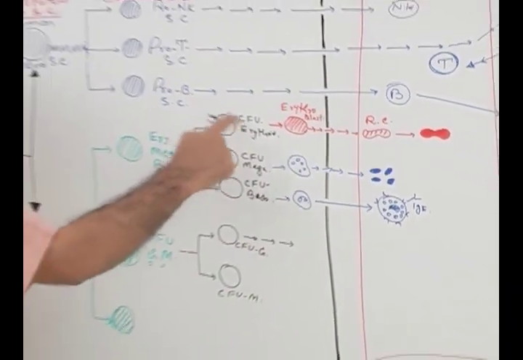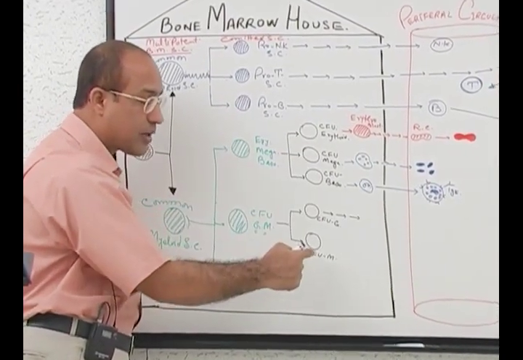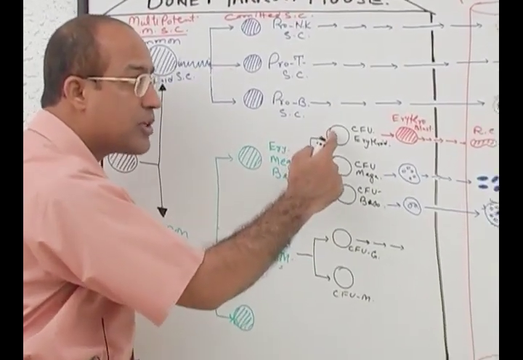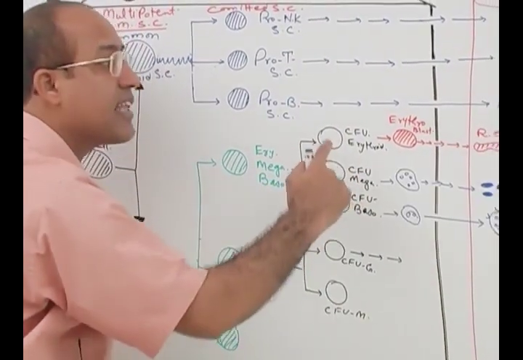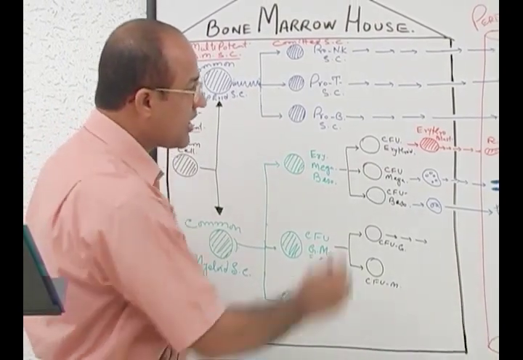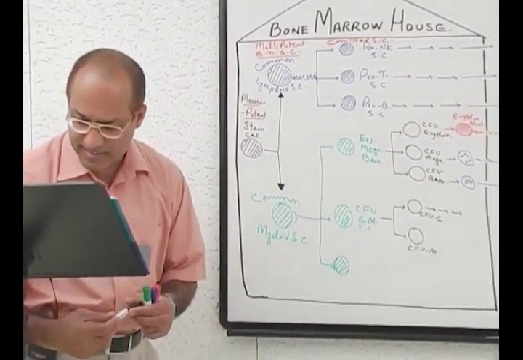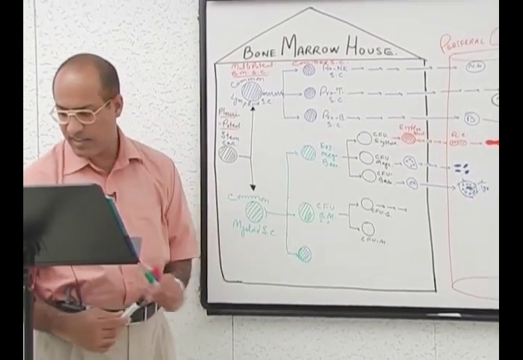So they are not considered stem cells. They do not have the capacity of a stem cell, that while producing the well differentiated product, they cannot maintain their own population. So these cells are called morphologically recognizable precursor cells, right?